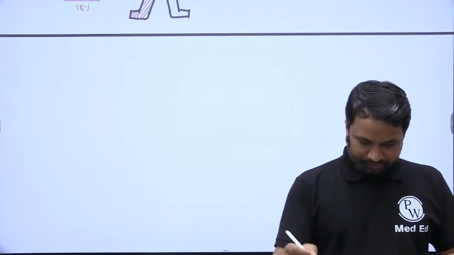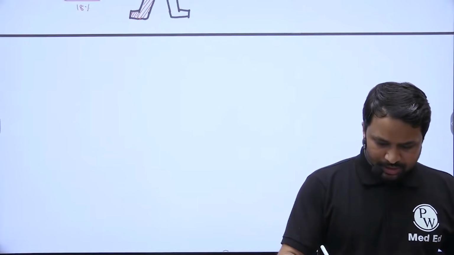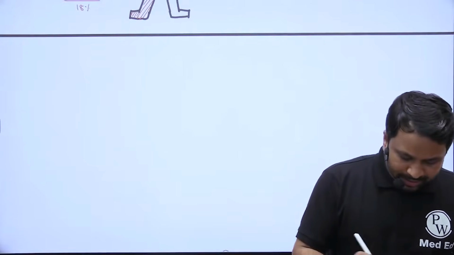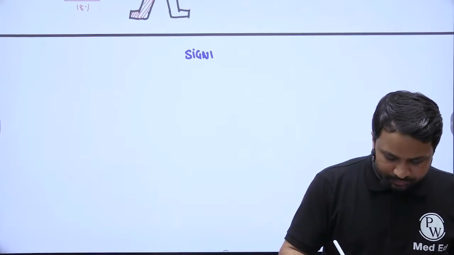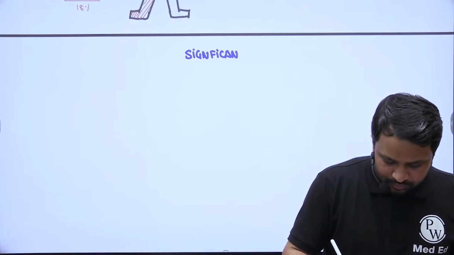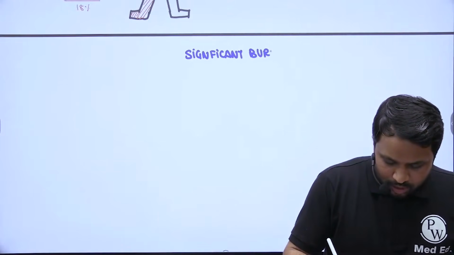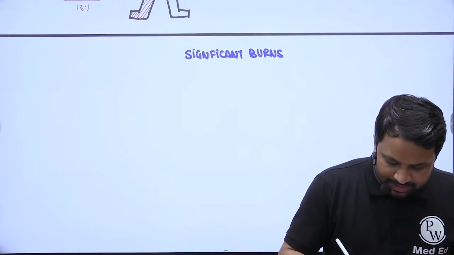Now, once you're done with this, just to get that extra points, you can tell your examiner that I also know the definition of something called significant burn. Now, when do you call a patient as having a significant burn?